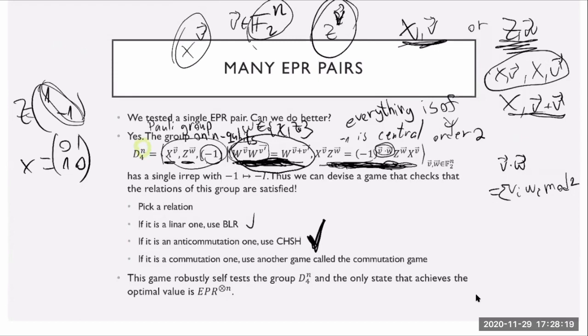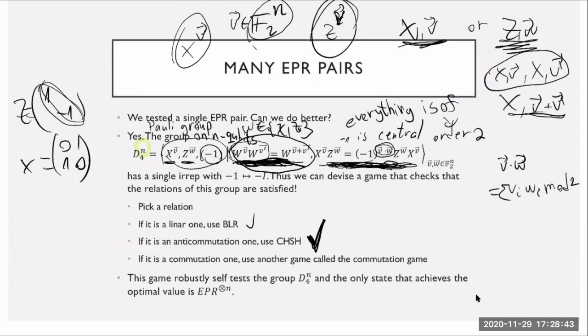This is a very redundant presentation. To generate D4 to the n, you need only 2n generators, but here you have 2 times 2 to the n generators. So yes, it's very redundant in this sense.